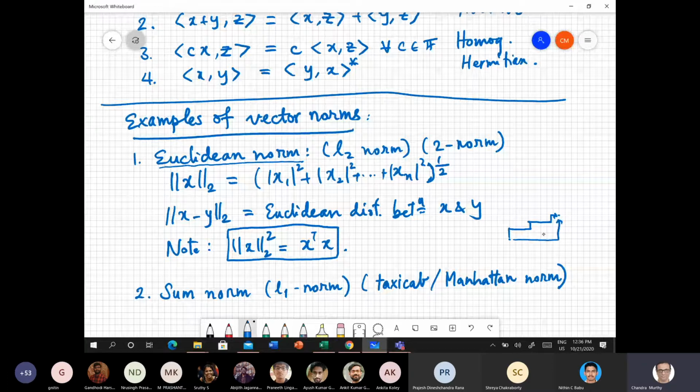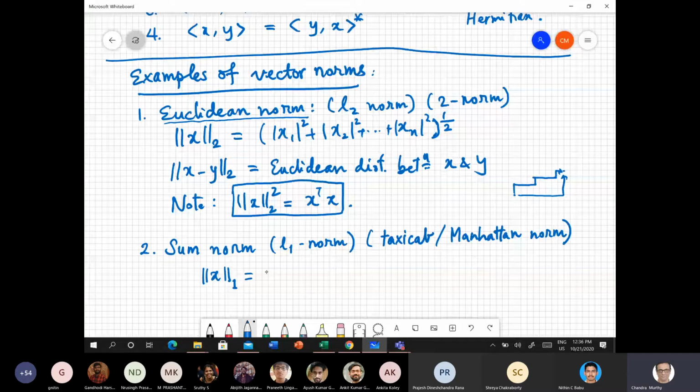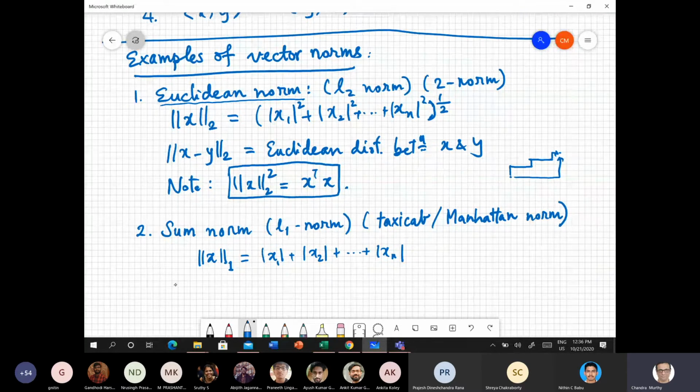It is written as the L1 norm of x, and it is equal to mod x1 plus mod x2 plus etcetera plus mod xn, the sum of the magnitudes of the entries in x. A small exercise for you is to verify that this is in fact a vector norm.